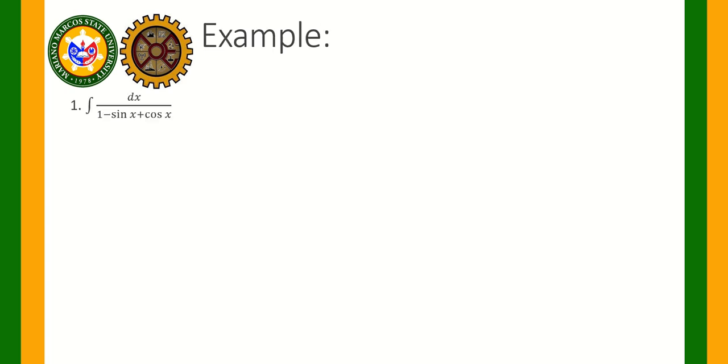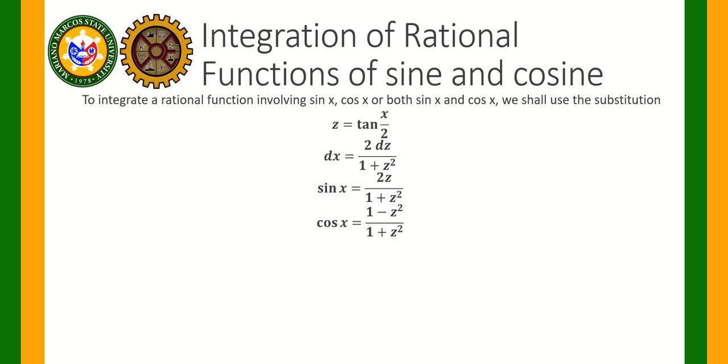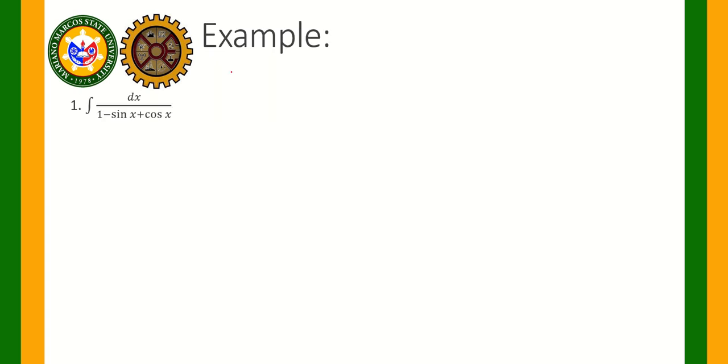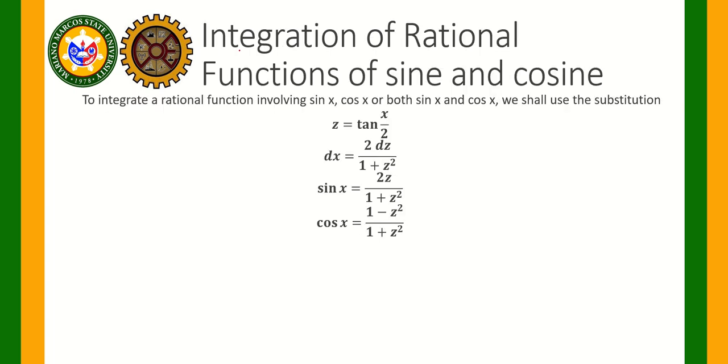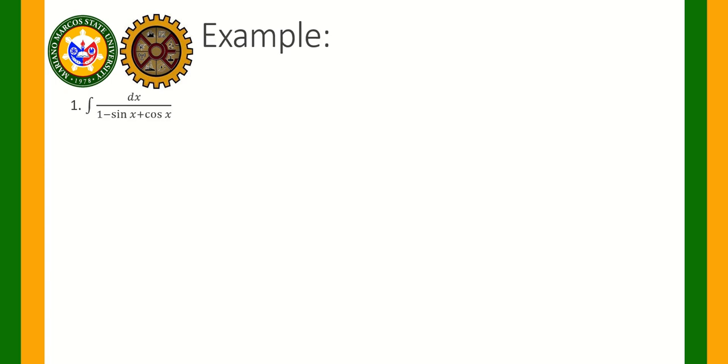So let's have an example. Example number 1, the integral of dx all over 1 minus sine x plus cosine x. Okay, so this is a rational function. So we will use these values.